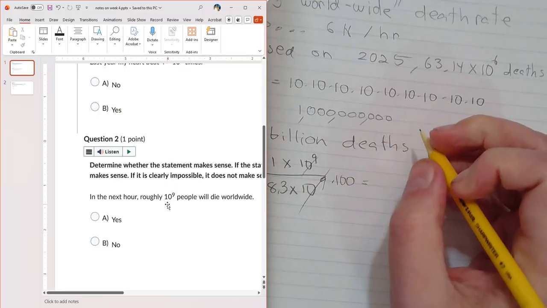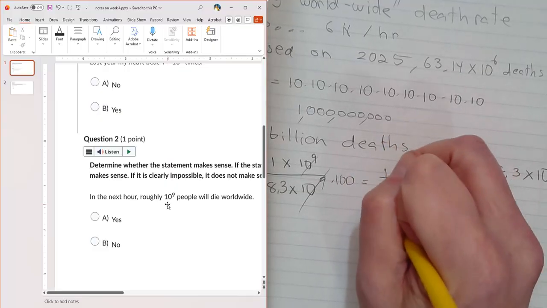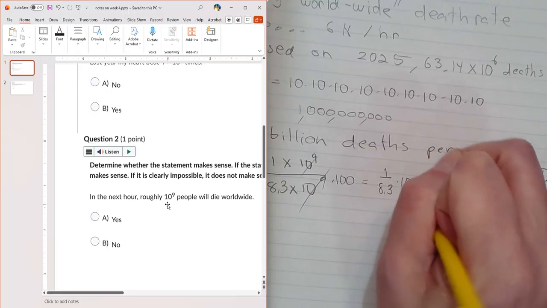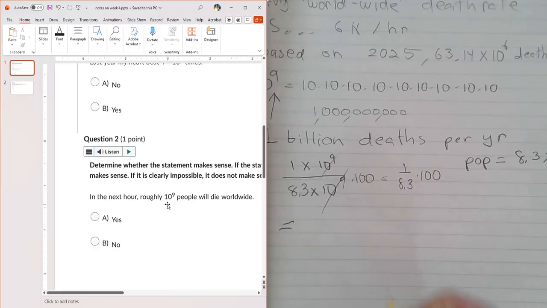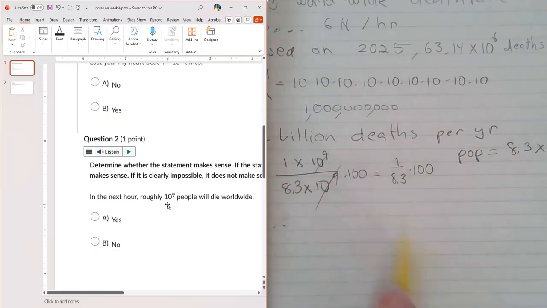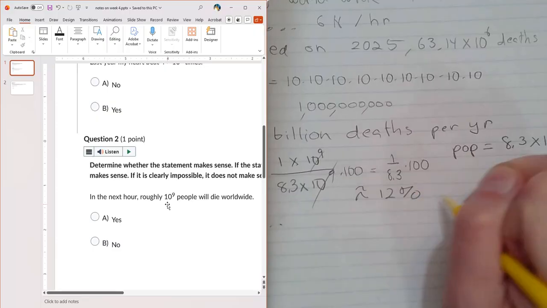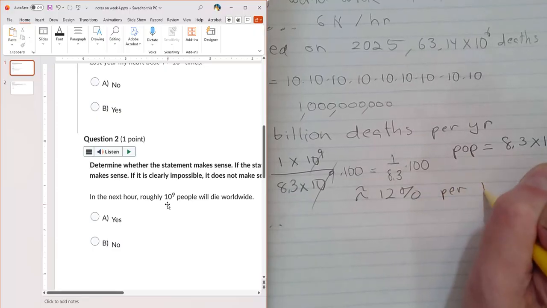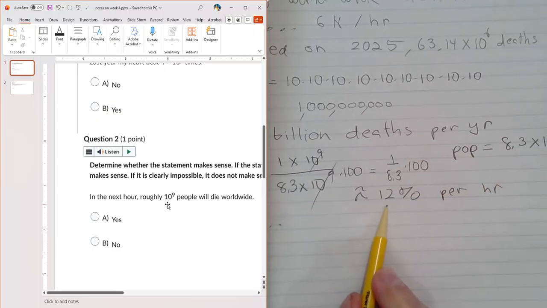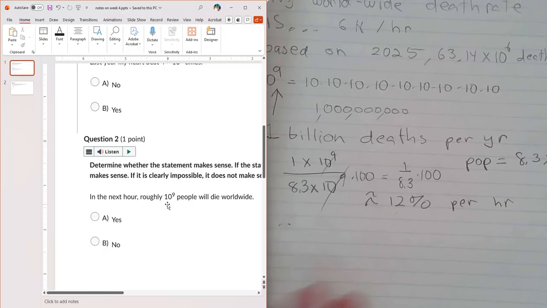What it comes out to be is 1 over 8.3 times 100. And we get about, let's approximate this, it comes out to be a slightly different number, but it's approximated to be about 12% per hour. That's 12% of the world's population per hour. Wow. Is that possible?